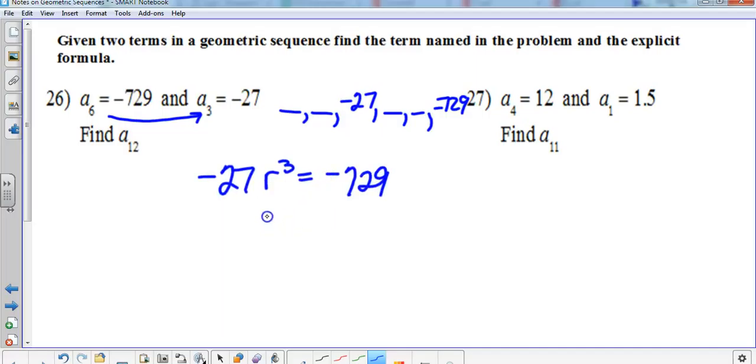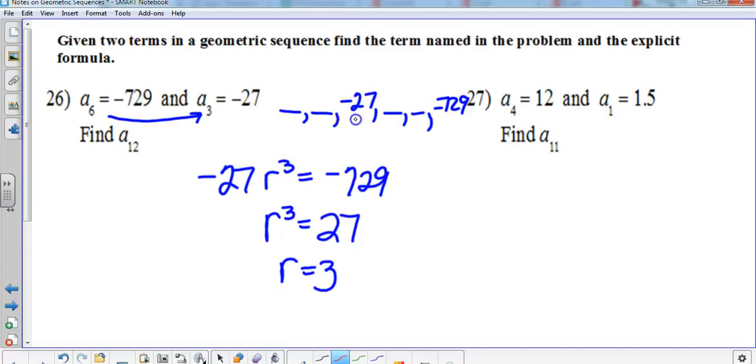If we divide, we get, I'm guessing 27. Because the cubed root of 27 is 3, and that's their favorite ratio for every problem today, right? Okay, explicit form, uh-oh. We need the first term.